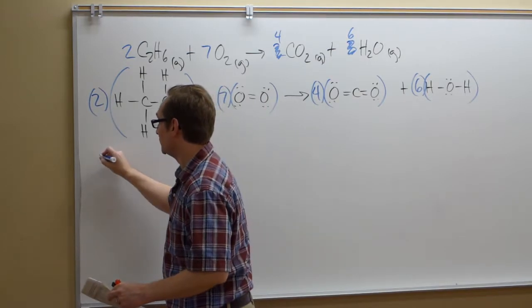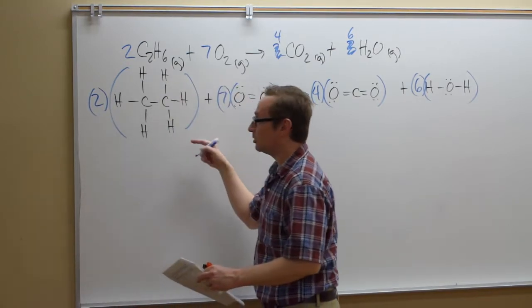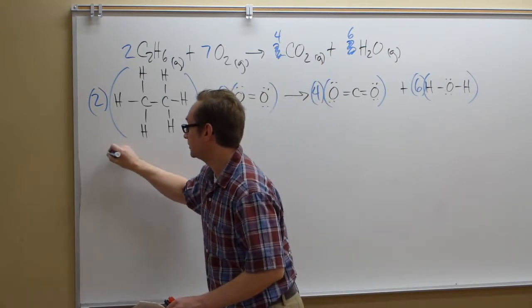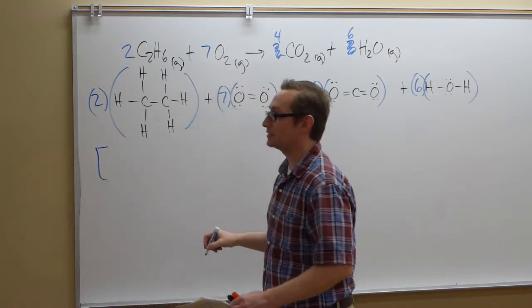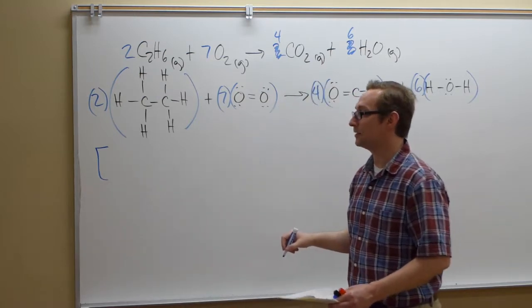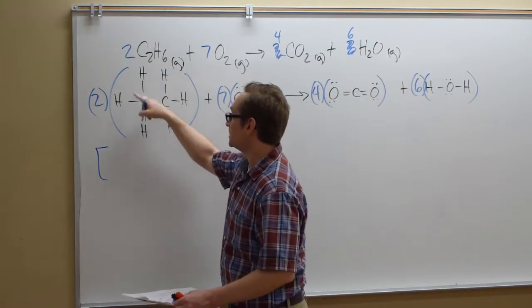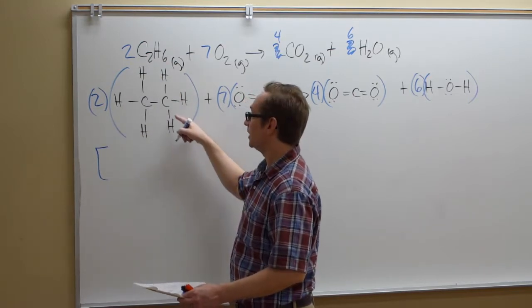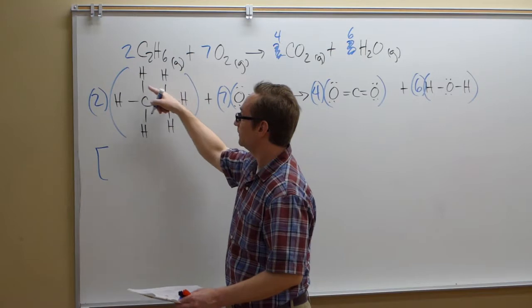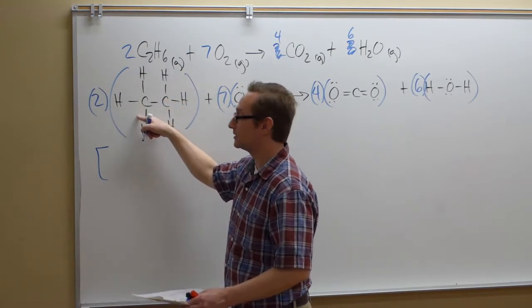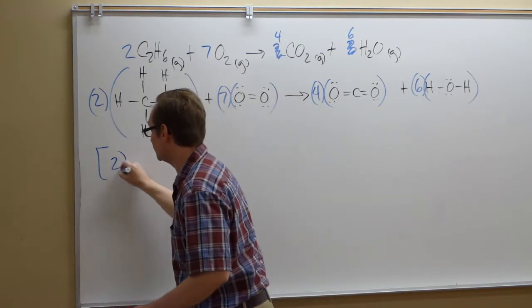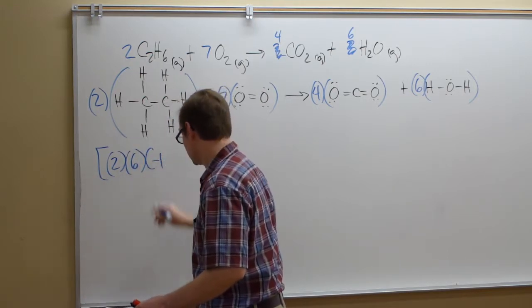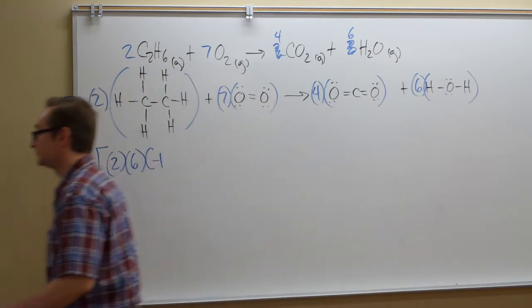Okay, so what we have to look at is all the bonds together. I have the sum of my reactants minus my products in this equation. How many CH bonds do I have in this compound? I've got 1, 2, 3, 4, 5, 6 CH bonds. So I'm going to say 2 times 6 CH bonds.